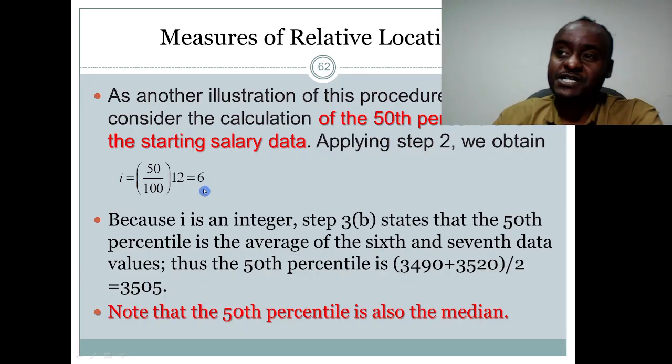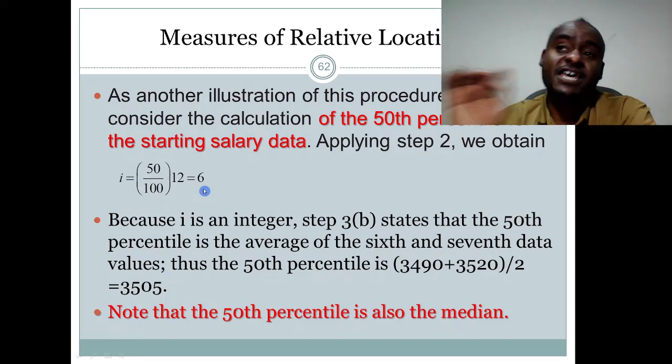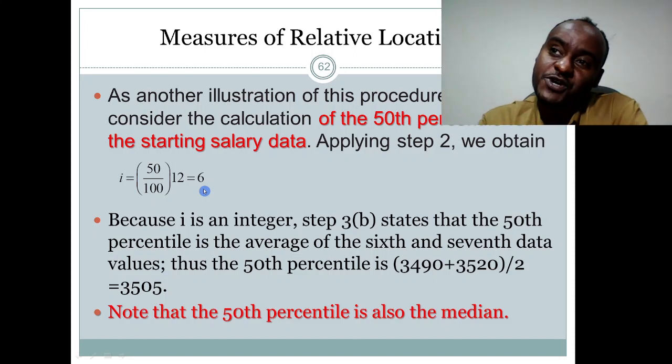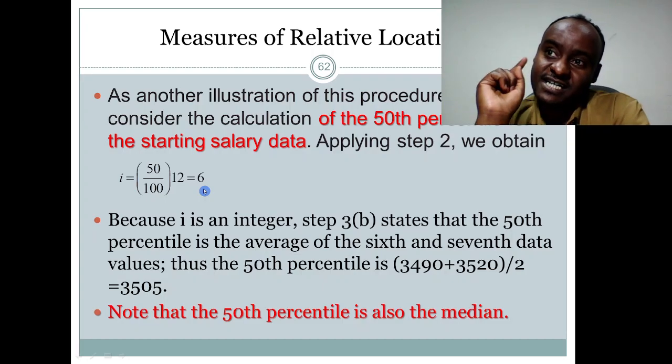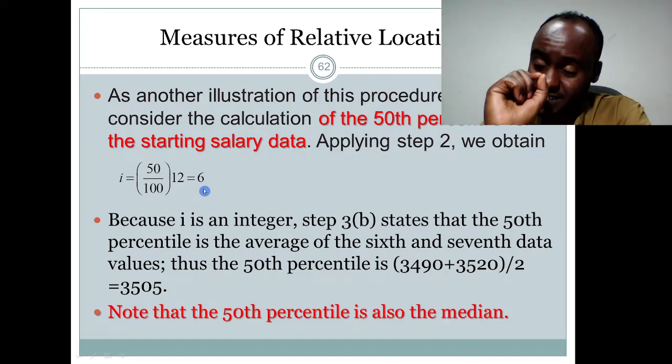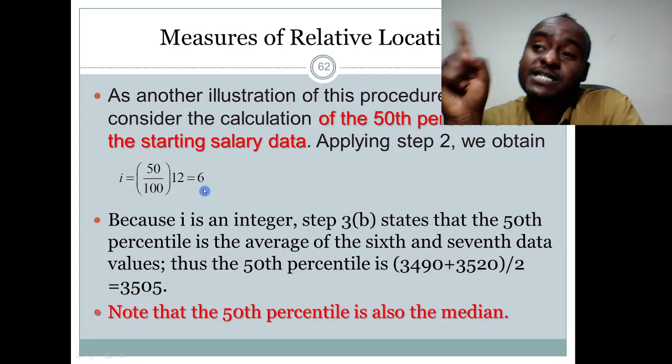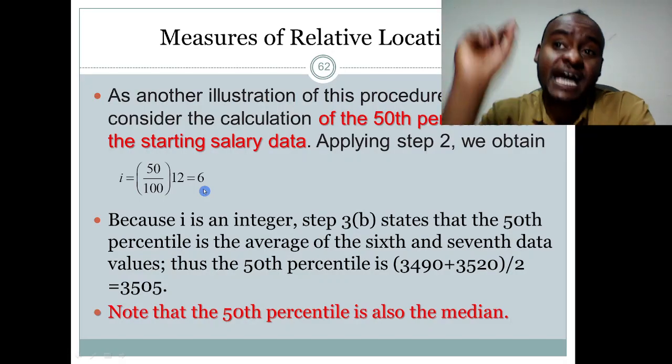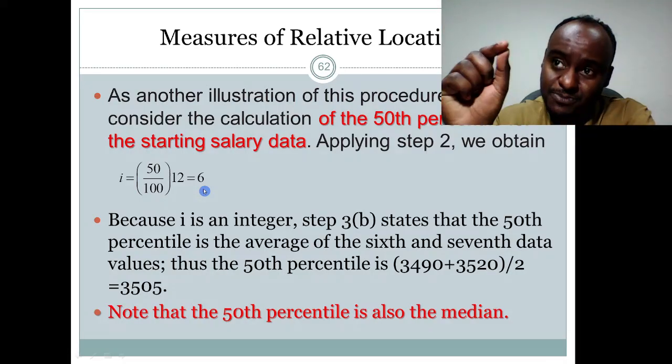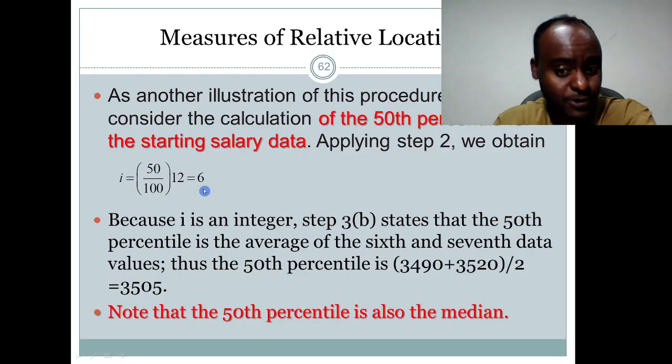Now we get the integer 6. If you get an integer, you need i, which is 6, and i plus 1, which is 7. You need the data value at position 6 and at position 7.